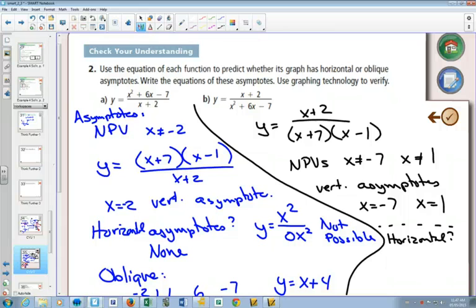The highest power in this one is an x squared. We have 1x squared on the bottom. We have no x squareds on the top. That simplifies to 0, so we'll have y equals 0 as a horizontal asymptote and no oblique asymptotes.